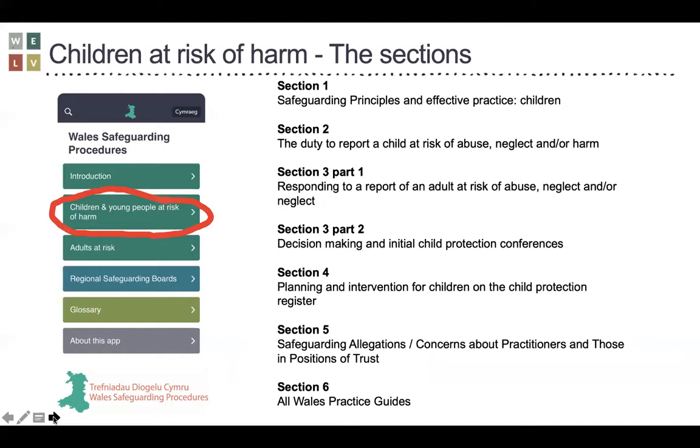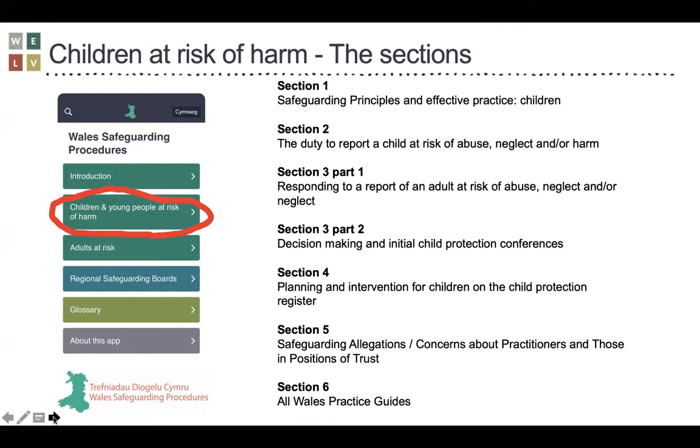It also includes the definitions of a child at risk. It's on the basis of these principles and definitions that our duty to report a child at risk may well be triggered, which sees us move then into section 2 of the procedures. Section 2 covers the processes that need to be followed in order to make the report about a concern about a child who may be at risk.